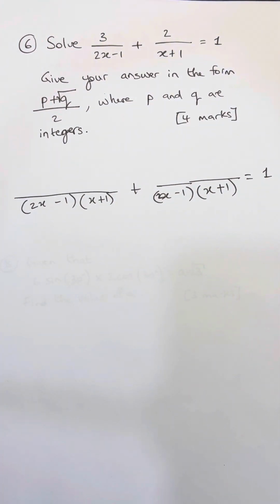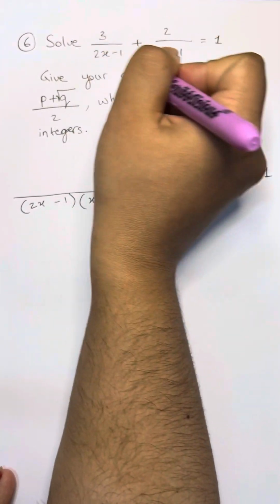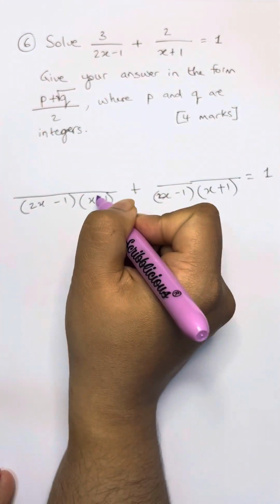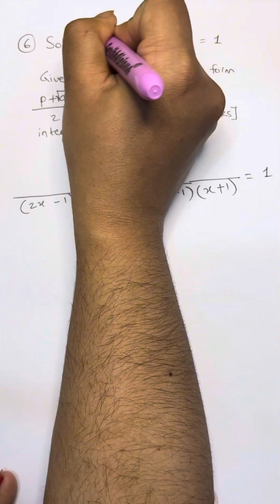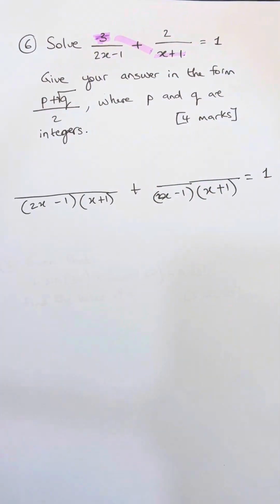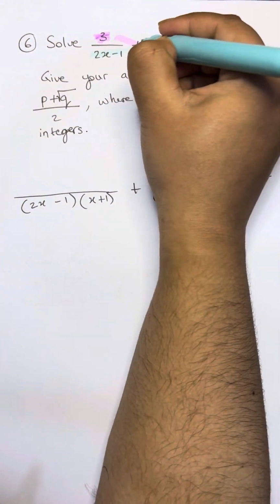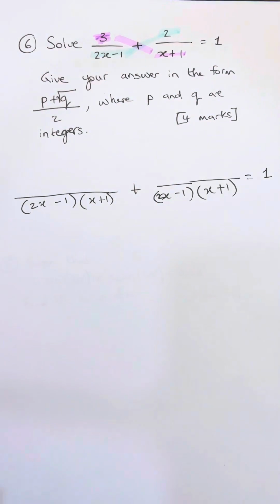I need to be careful here. On the first fraction I have 2x minus 1, which means that my 3 is going to cross multiply x plus 1. And this 2x minus 1 is going to cross multiply this 2 here.